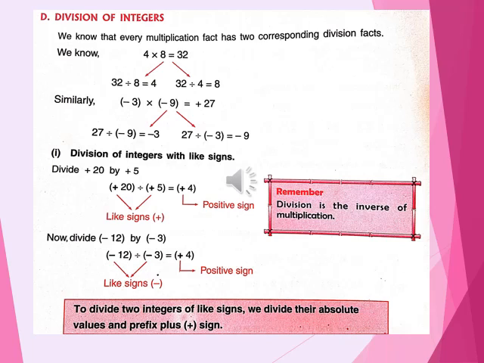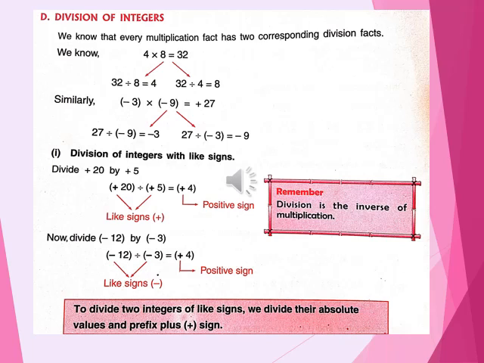Now why minus 3? See here, only one negative sign is there, so the sign remains as it is in the quotient. Now if you divide 27 by minus 3, then the answer is minus 9. Means 9 threes are 27, that is 9, and the negative sign is one time, so it is negative.